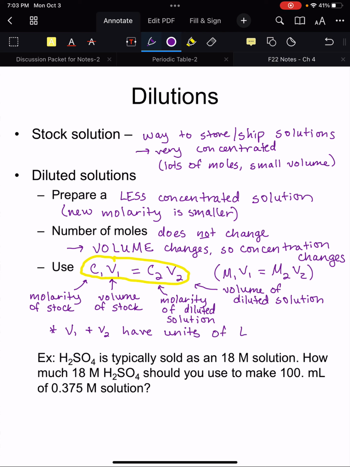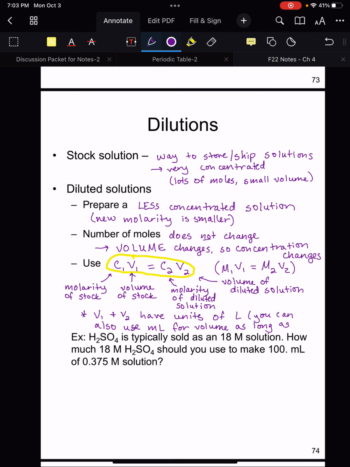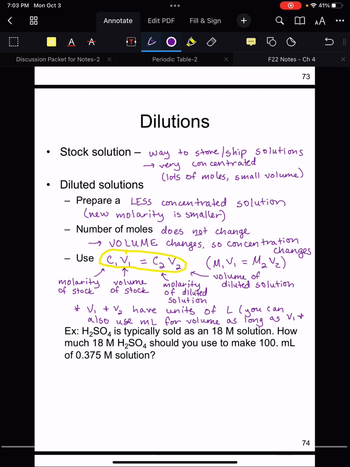But because the conversion for liter to milliliter is multiplied and the equation is multiplied, you can also use milliliters for volume as long as V1 and V2 are both in the same units. Okay? So as long as both are the same.